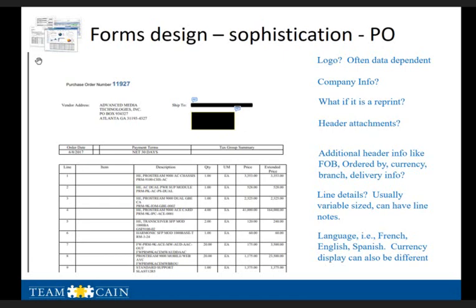On here as well, just to note, this is a pure English language form. That was fine for the customer, but we work with customers in the US that often have Spanish and English forms, and certainly in Canada that have English and French forms. So the ability to swap the language on the fly based upon the preferences is another level of sophistication.